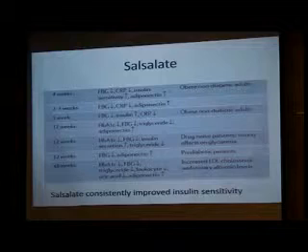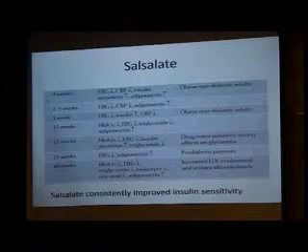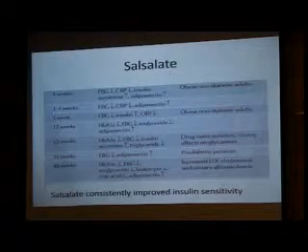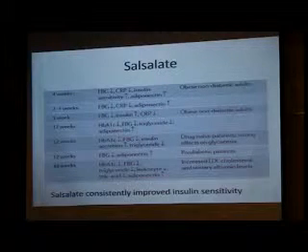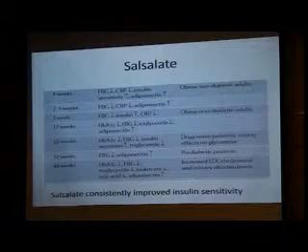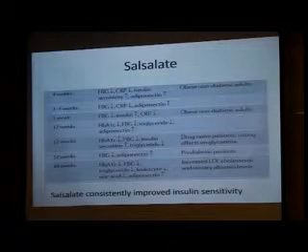It can be very useful in obese diabetic individuals. In future that could become one of the indications if salicylate is proven beneficial in long-term studies. Many beneficial effects have been noticed in inflammatory parameters, fasting glucose and insulin. Having said all that, it is still in the preclinical stage, not yet ready for widespread use.